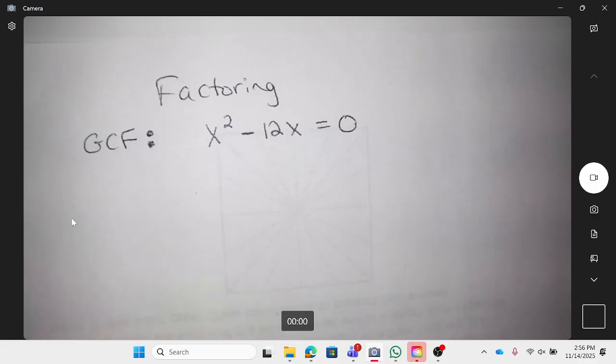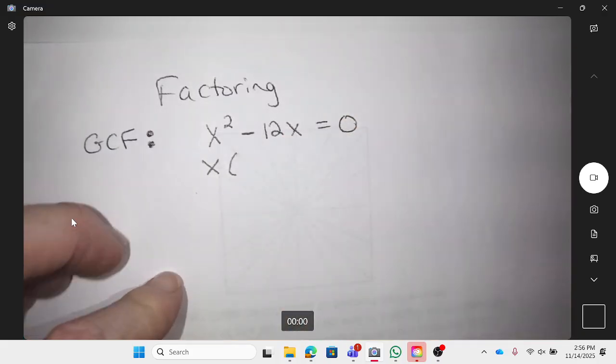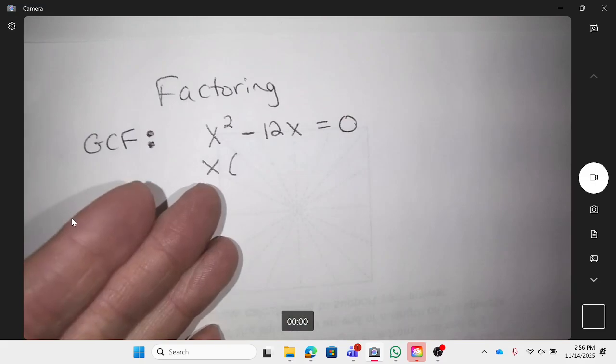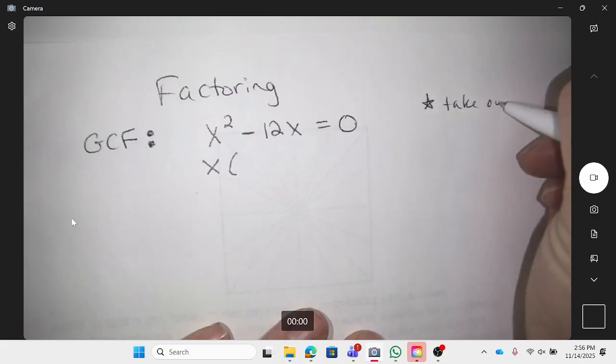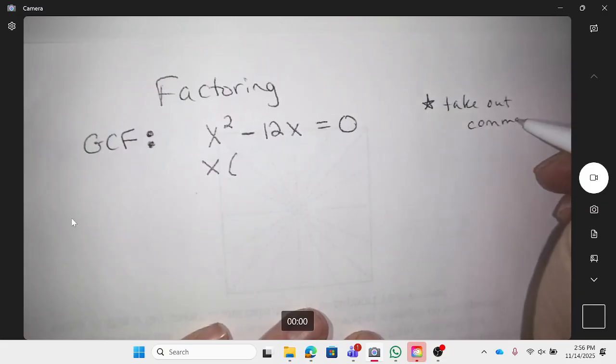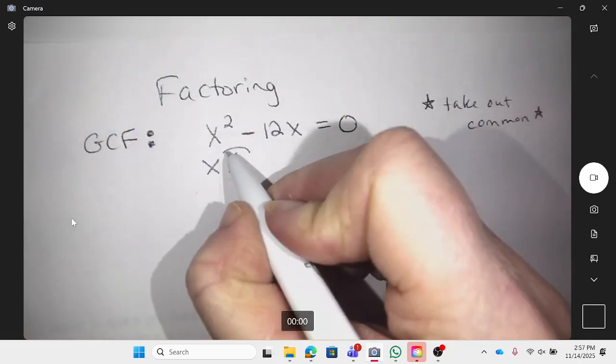For me, I would be okay with just putting an example. Do you need to write down instructions? I'm not sure, depends on who you are. Common, what's in common? So if you need to write instructions, take out common. That's all I'm doing. And it leaves me with what?